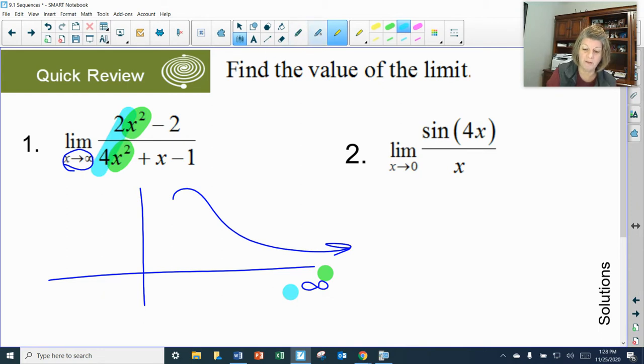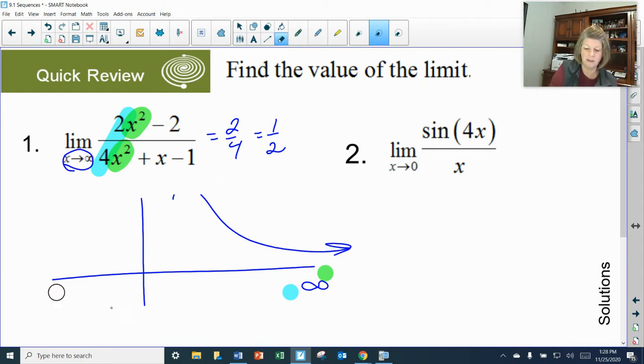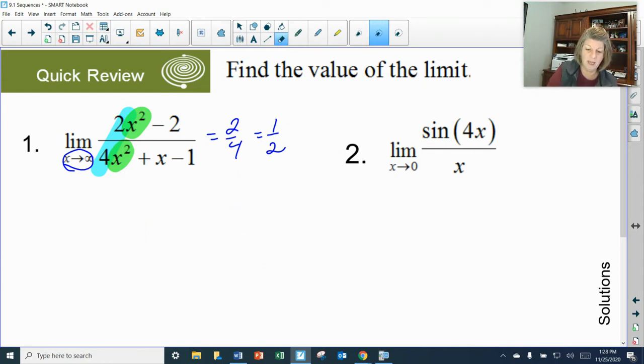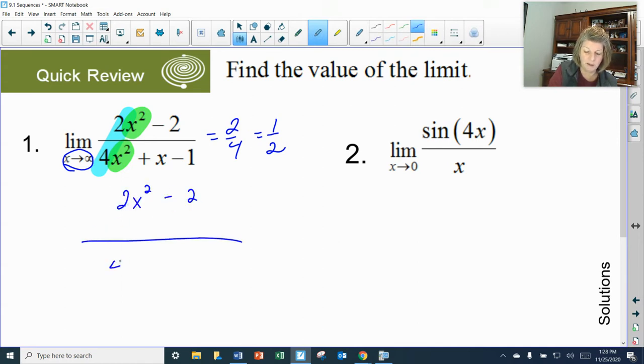So I know that this one is going to come out to be 2 over 4, or the limit would be 1/2. Its horizontal asymptote to the right is 1/2. Now, you're like, well, I don't remember those rules. Well, then the other thing you can do is take the highest degree in the bottom, which is x squared, and divide every single term by x squared.